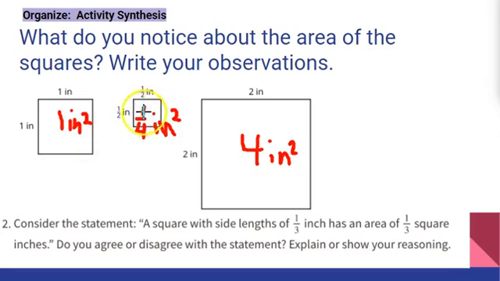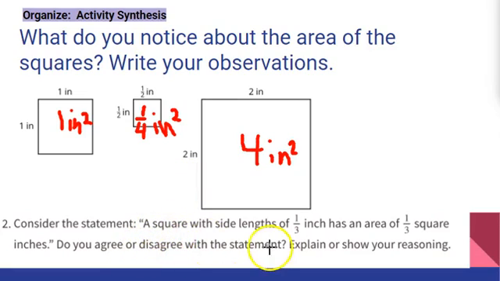So that's how 1/2 by 1/2 ends up making 1/4 of a square inch. Here it's the same sort of thing. It's going to take 4 of these square inches to make up this 4 square inch space that we get when we have a side length of 2 inches and another of 2 inches.